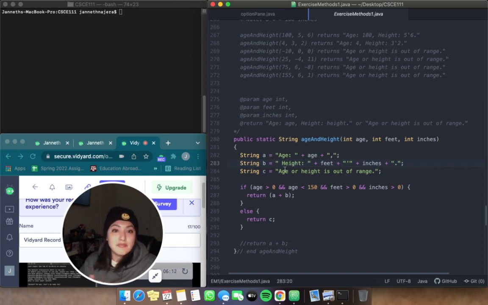because something is out of limits, right? Because these are the limits that we gave, nothing outside of this. And so, for example, the last example, since the age is out of limits, it doesn't matter about the height. Yeah, the height doesn't matter. The only thing that matters is that the age is out of the limits. So in this instance, what we'll return is age or height is out of range.